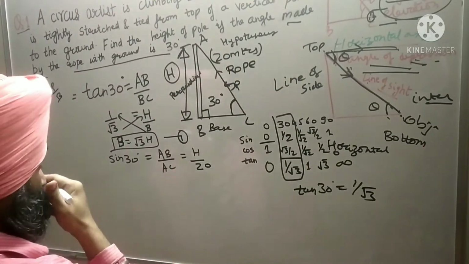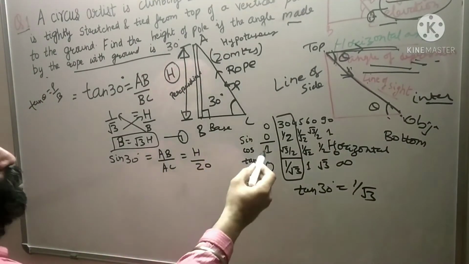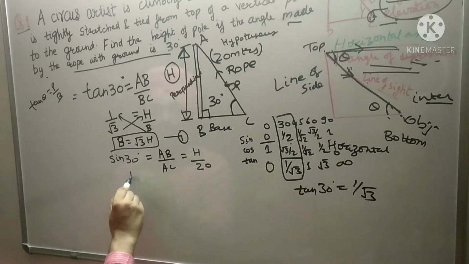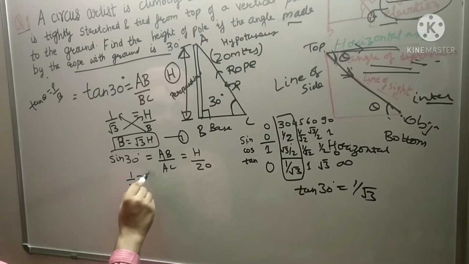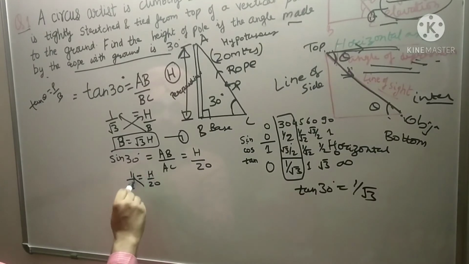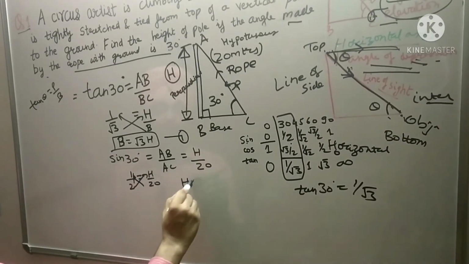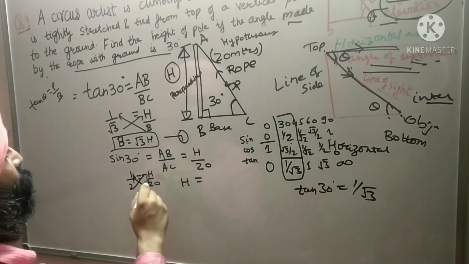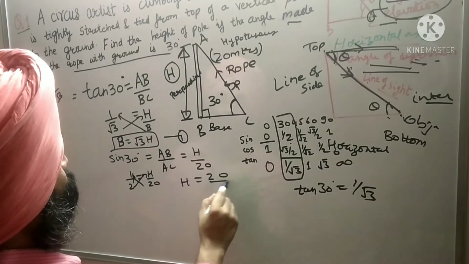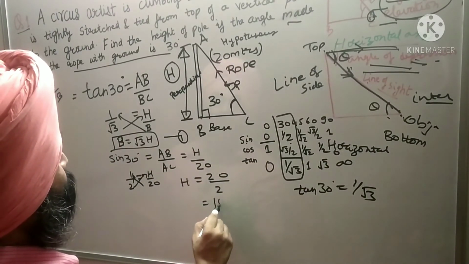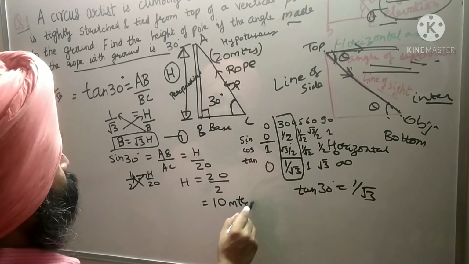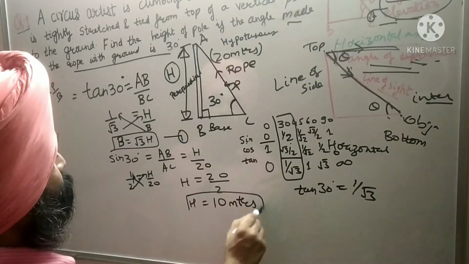What is the value of sin 30? Sin 30 is 1/2. So 1/2 is equal to h by 20. By cross multiplication, h is equal to 20 by 2, which is 10 meters. So h is equal to 10 meters.